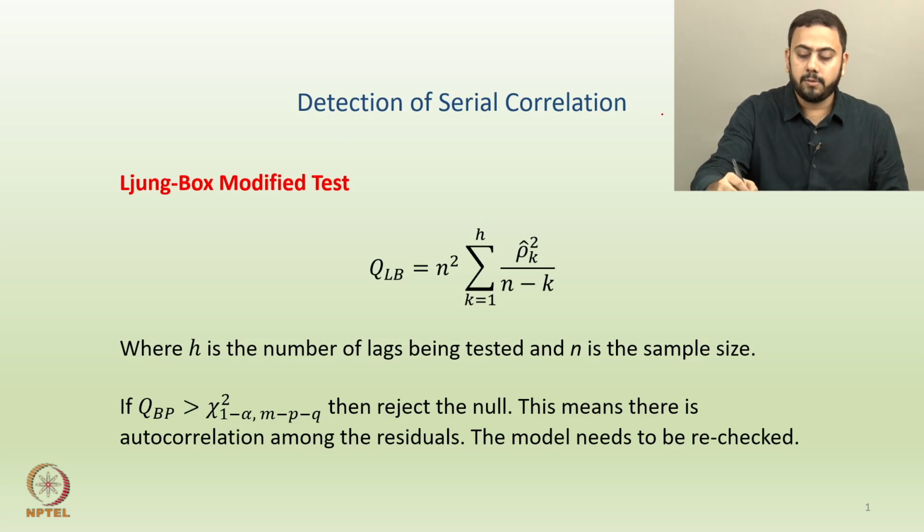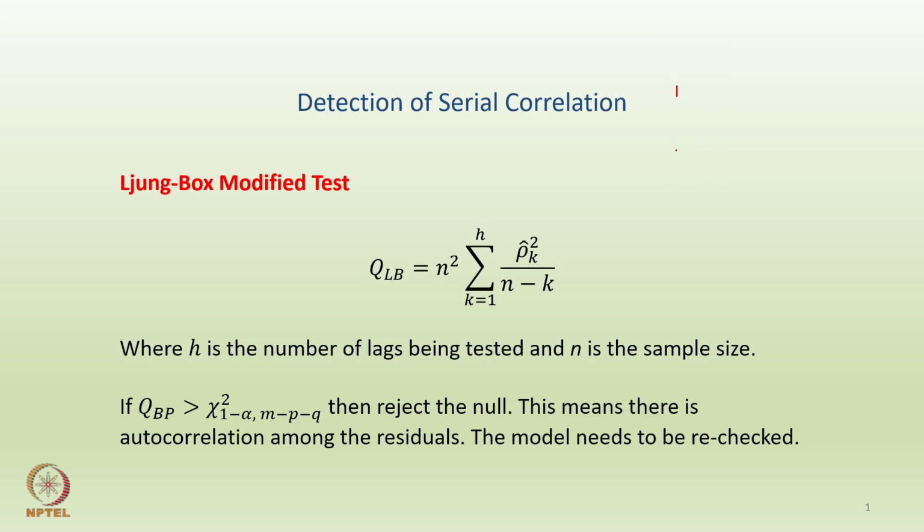Now just to give you a very quick overview of what exactly you mean by serial correlation. Let's say you have a time series process which looks like something like this, right. Here we can see that you have some serial correlation because any two consecutive points are either above the zero line or below the zero line.